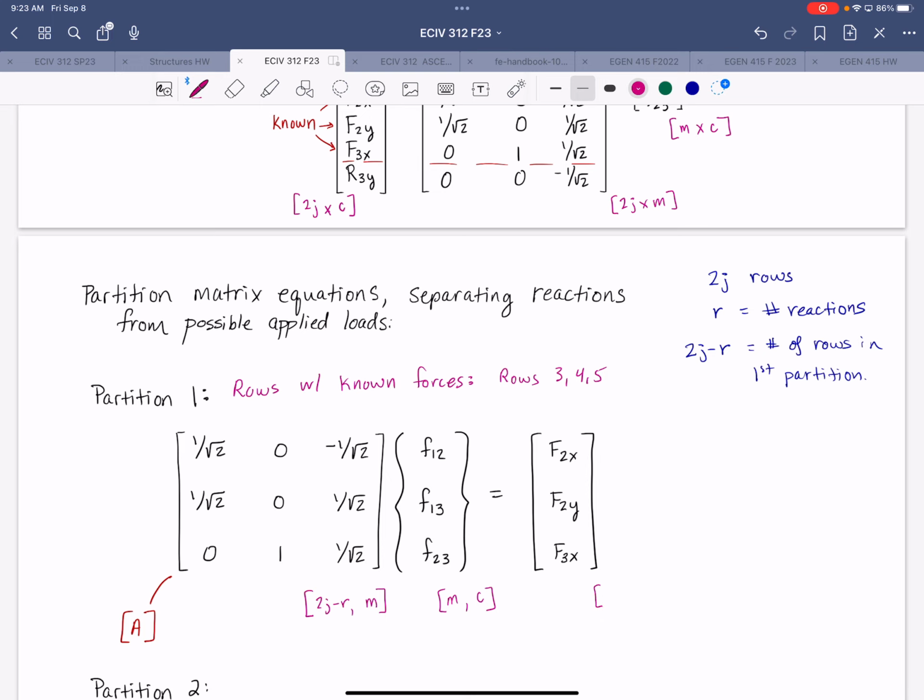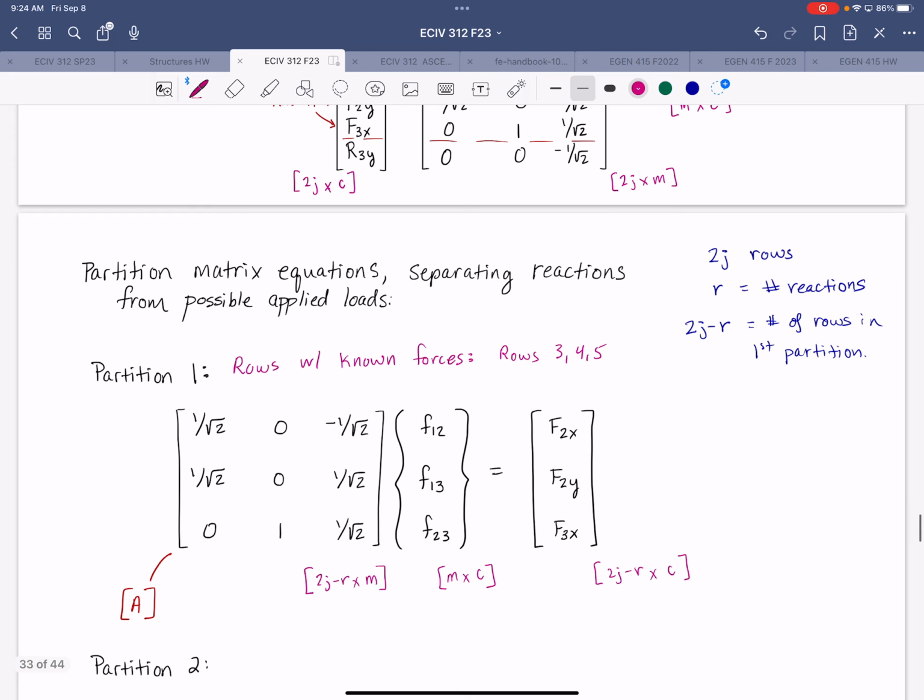And then our external force matrix will have 2j minus R rows and C columns. I'm going to replace those with a traditional cross there. Now, for a determinate truss, 2j minus R is equal to M, right?